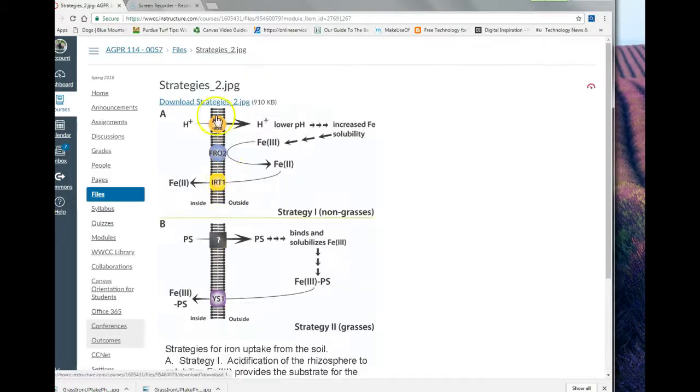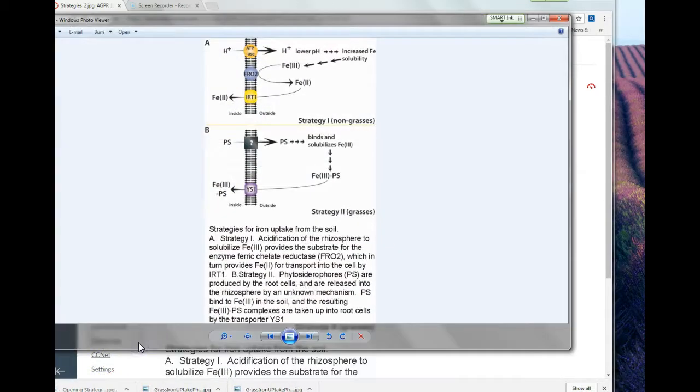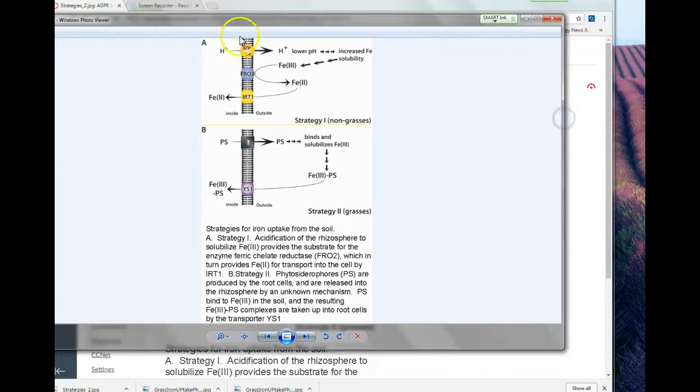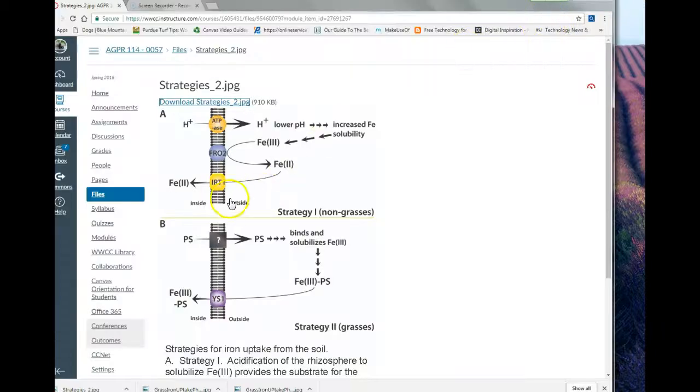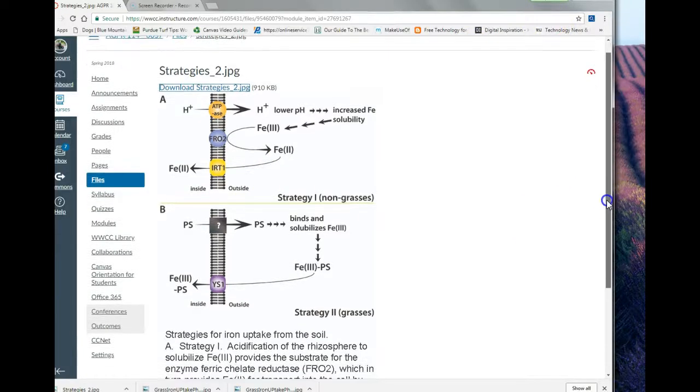And this is just a picture of the iron strategies. I can get that to come up. Well, maybe I should just leave that out. I can do it better this way.